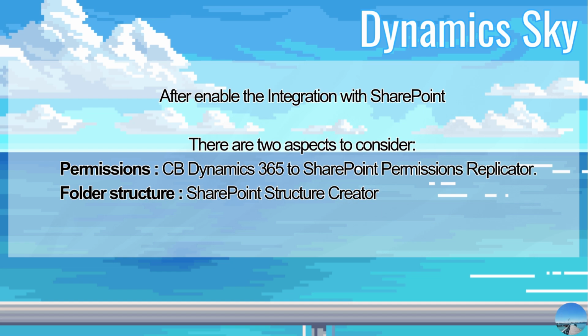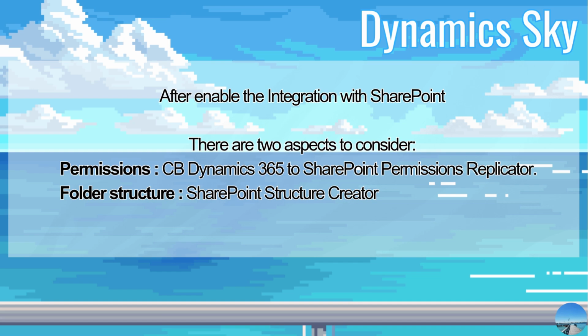Once you have successfully enabled the Dynamics 365 integration with SharePoint, there are two critical factors to address. The first thing is permissions. While the integration initially grants access to all SharePoint documents, it doesn't consider the specific privileges assigned in Dynamics 365.